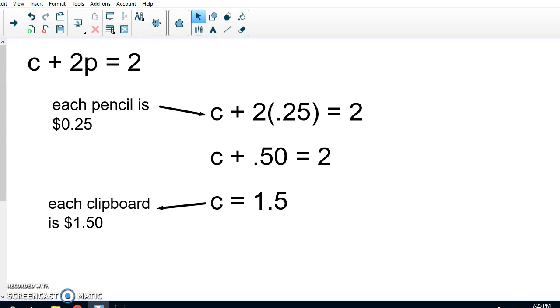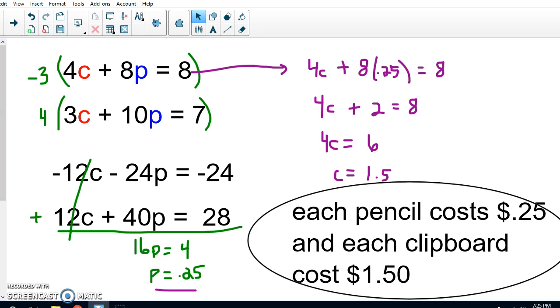Well, that makes sense because we were asked to consider that the clipboard should cost more than 2 pencils, and it certainly does in this case. So the following slide here is the work that would happen with elimination and then the following substitution to get the right answer. This has so much room for error, especially if you don't understand the meaning behind the problem.